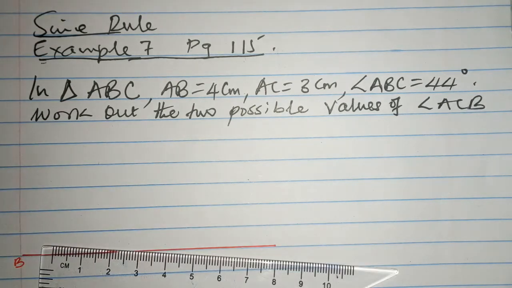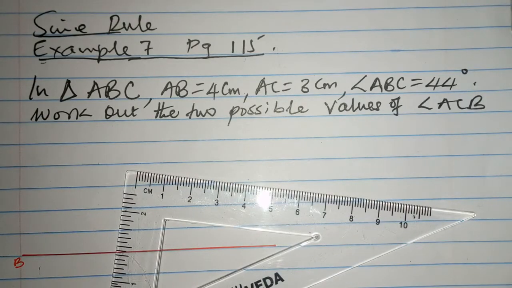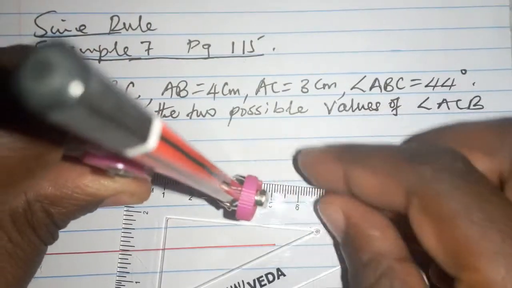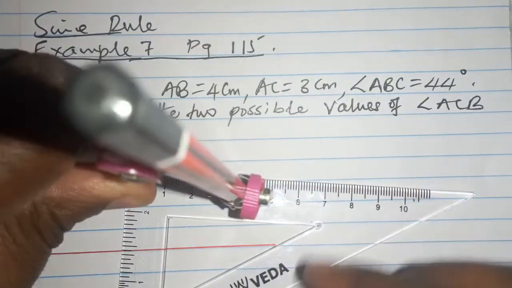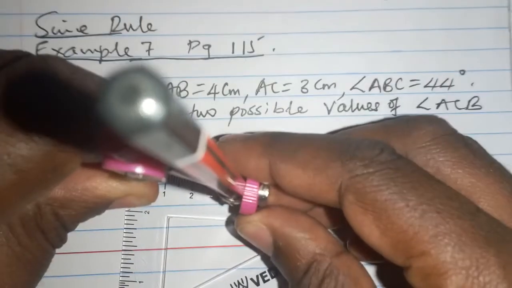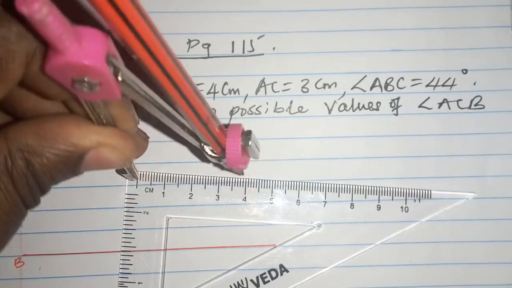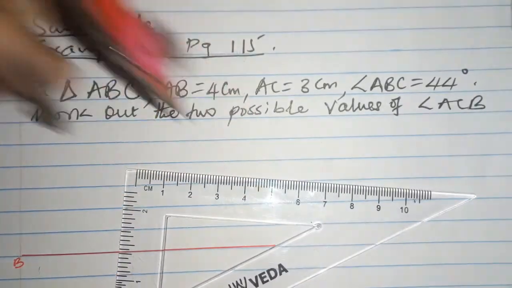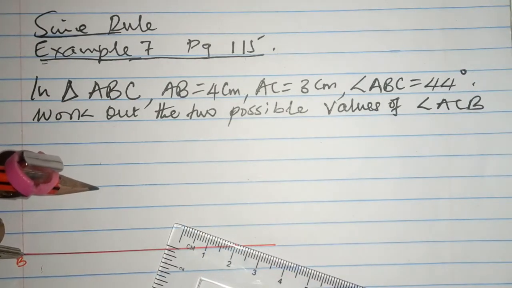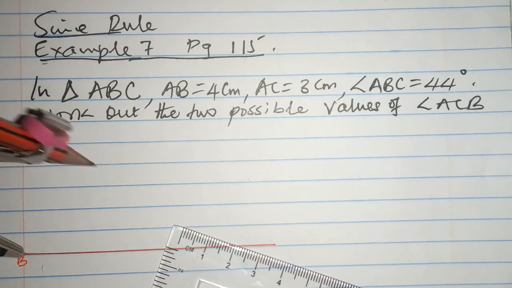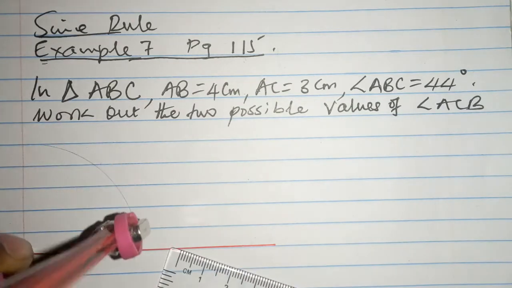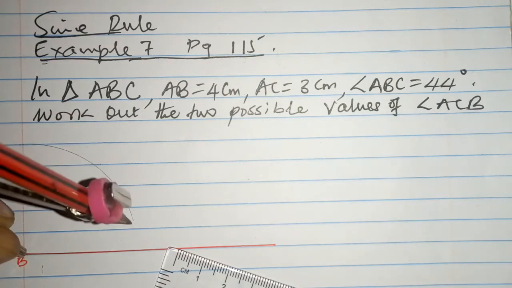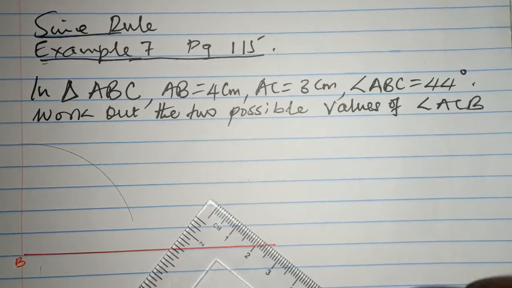We measure 4 centimeters using the compass. You can see 4 centimeters accurately. And our point A will be anywhere along that arc.